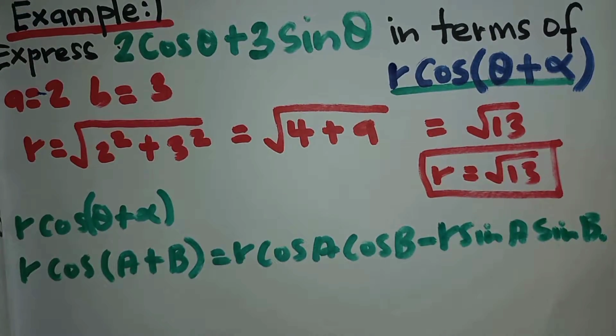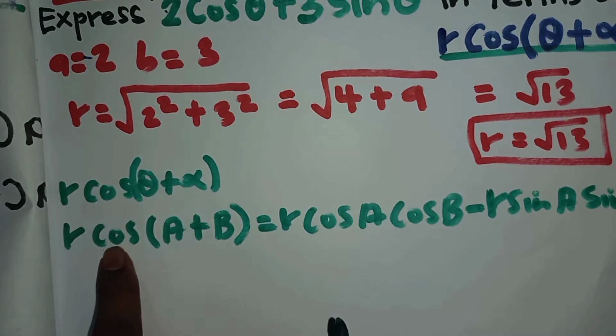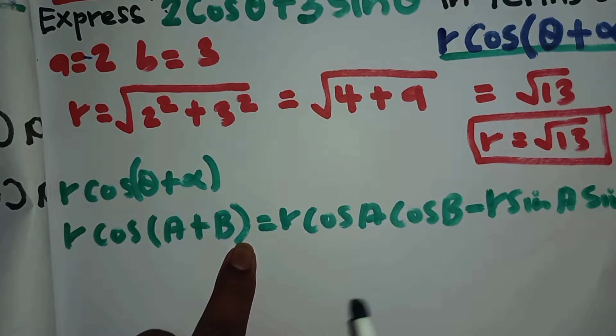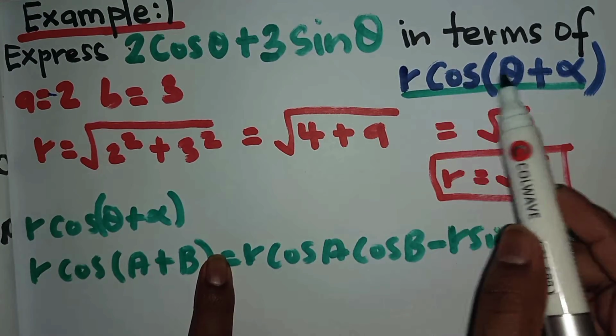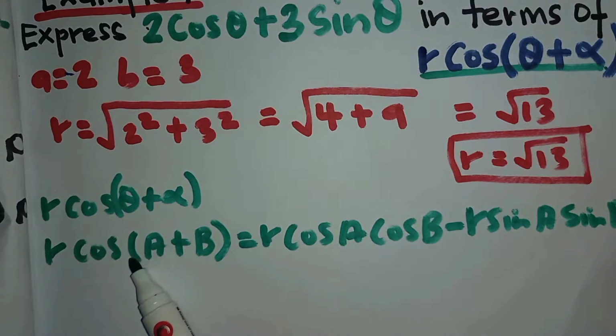Now notice here that cos theta plus alpha is same as cos a plus b. This can be written as cos a plus b.